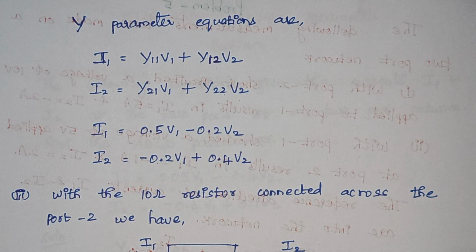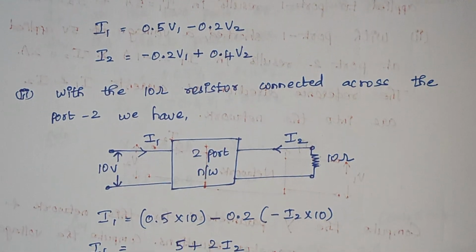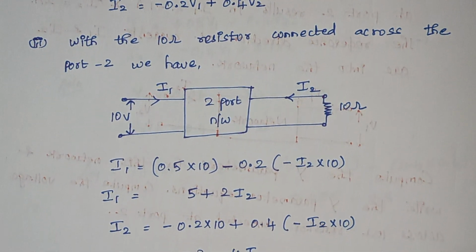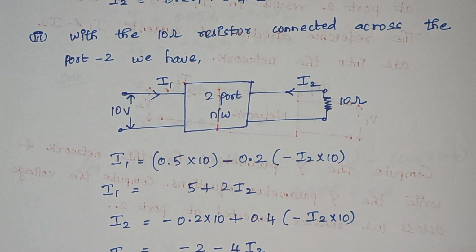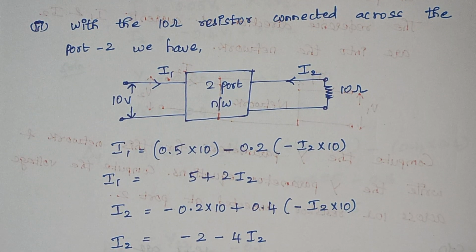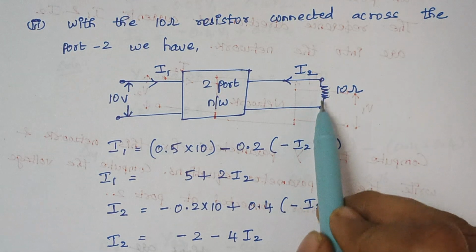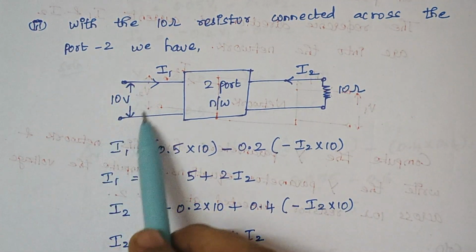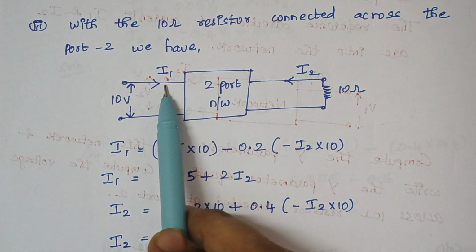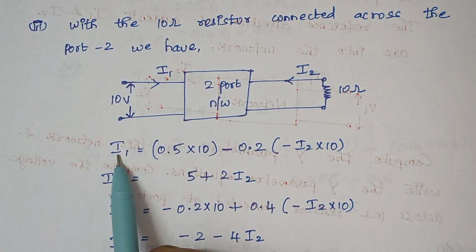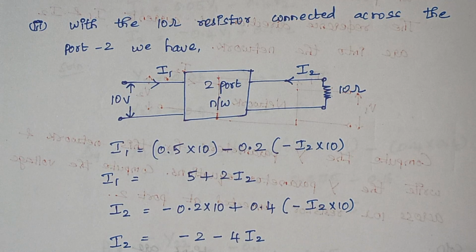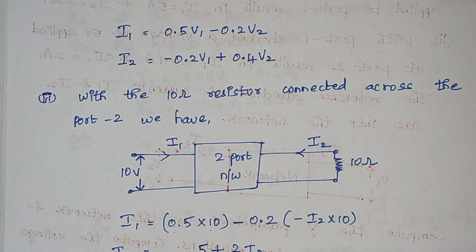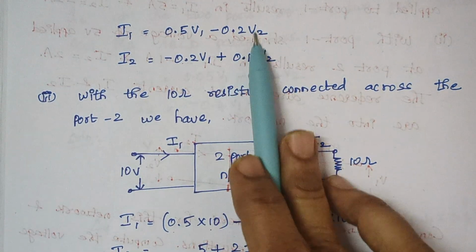Now the next part is with the 10 ohm resistor connected across port 2. We have to find the value of V2 when the 10 ohm resistor is connected at the output port. Here you see the supply voltage is 10 volt and this is the current I1. Now we are going to make use of this equation.